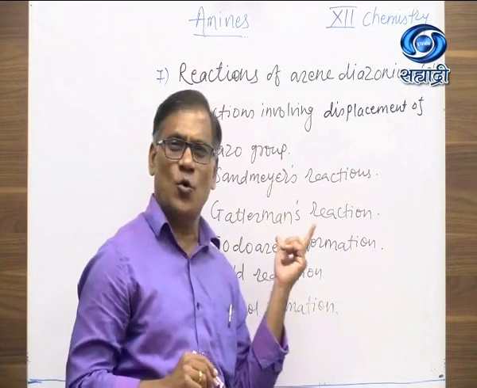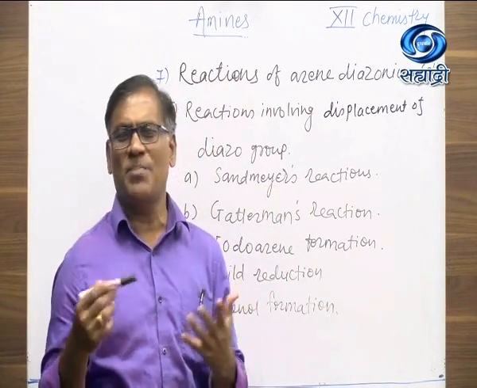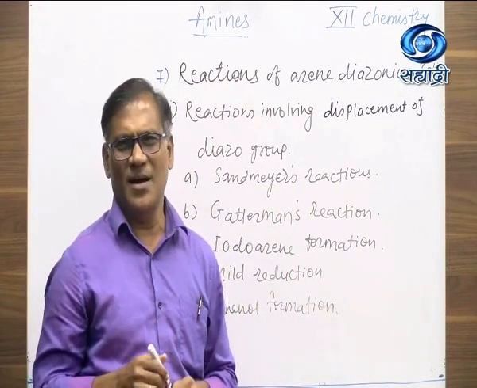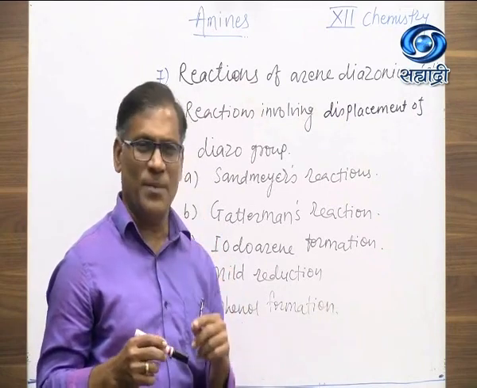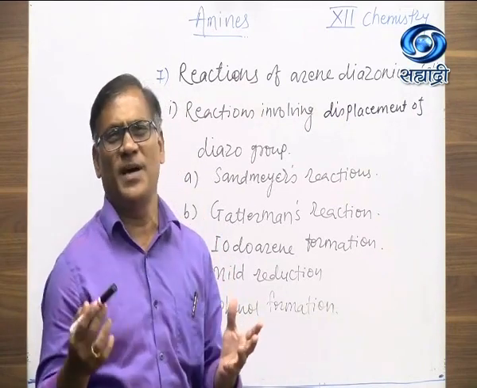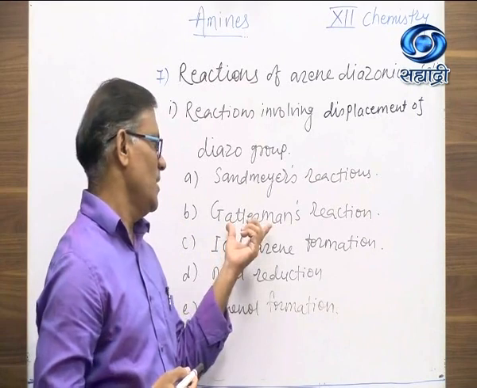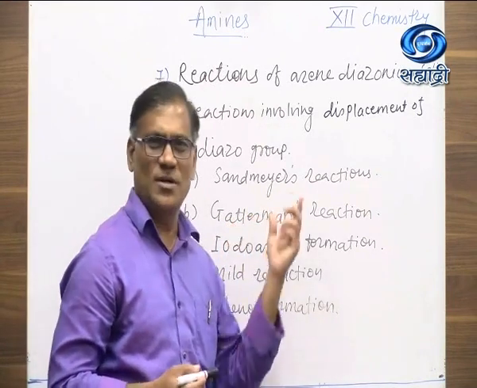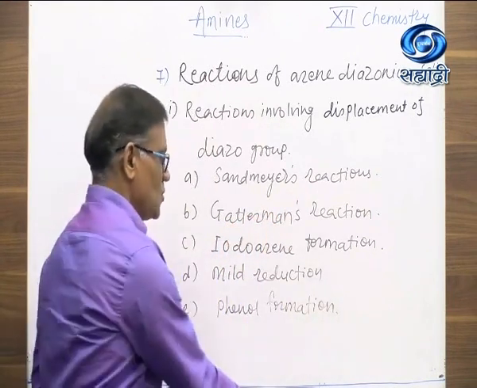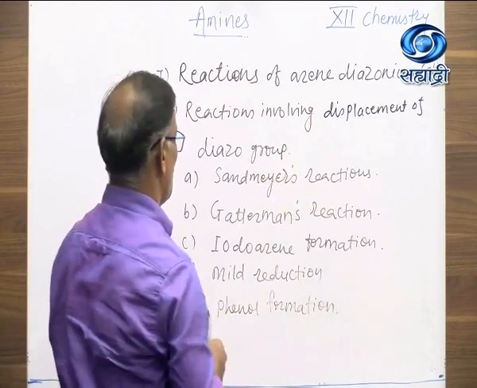In place of cuprous chloride, if you use copper powder and HCl or copper powder and HBr, then the reaction gives us Gattermann reaction.